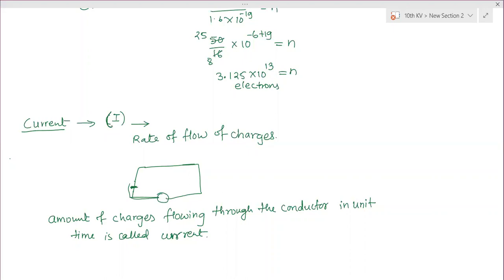Otherwise, if more charge flows through it, it will get damaged. So we consider all these factors: exactly which bulb will work in that circuit and which won't, how to design a bulb so that it will work easily in your house.